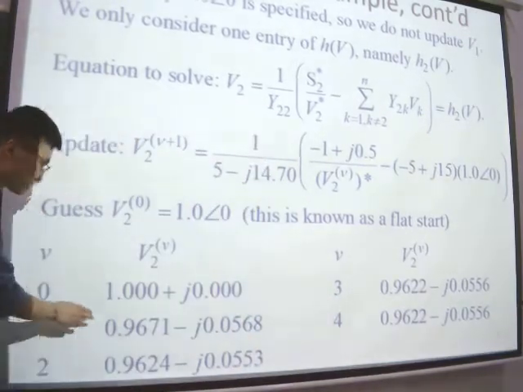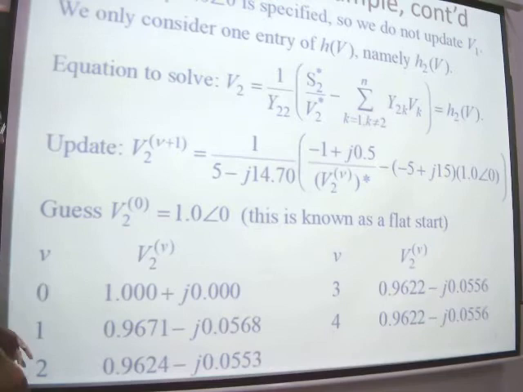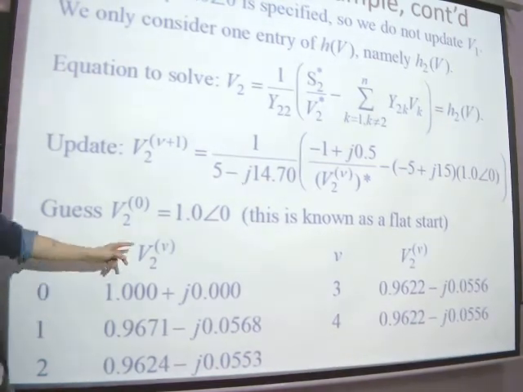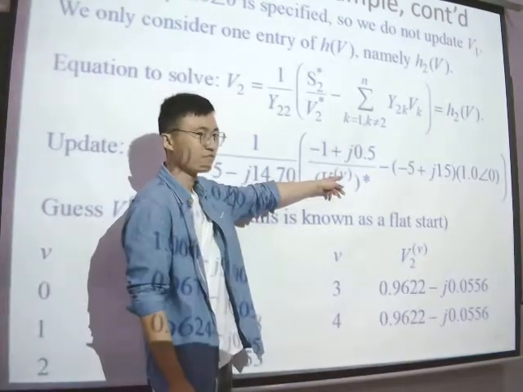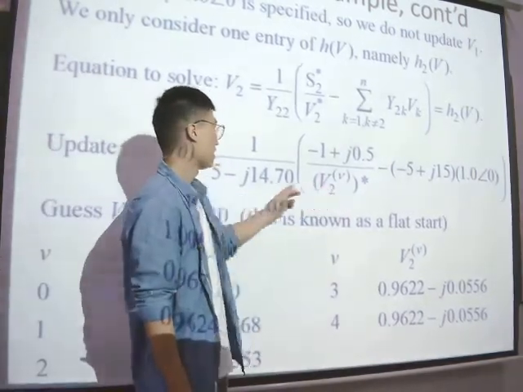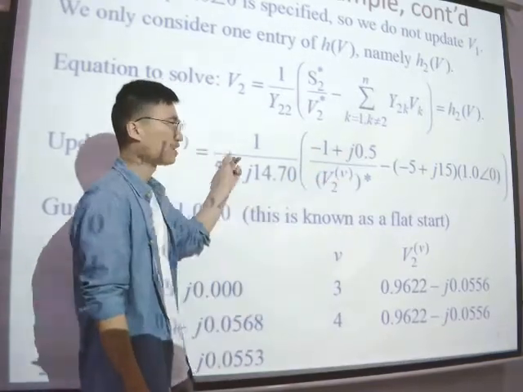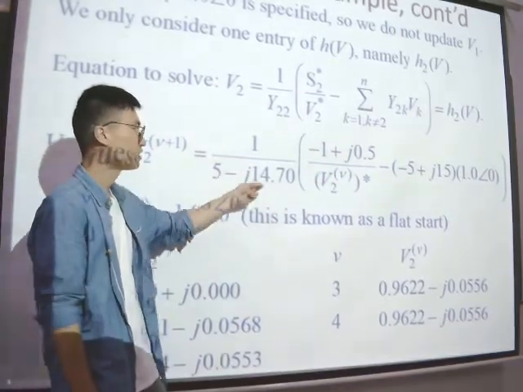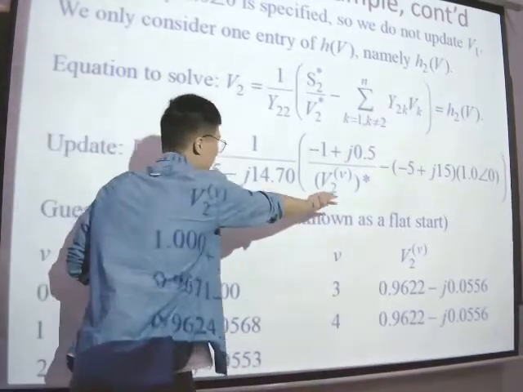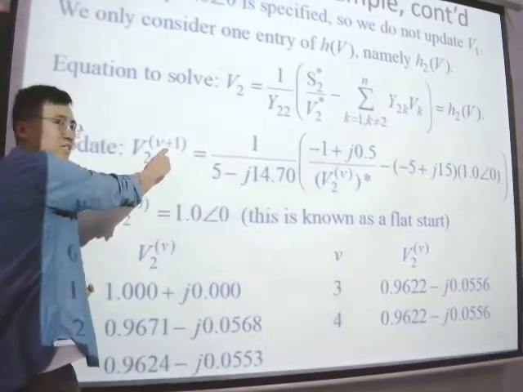Okay, so this is the first step, and we will put the first step into this. All the equations and parameters will have specific values. You can calculate this to get V1, right?